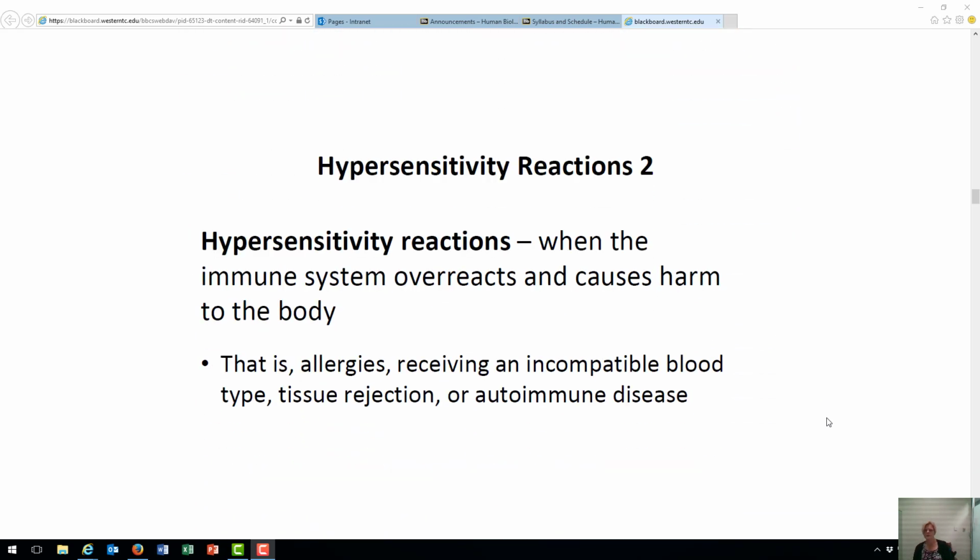Sometimes we see hypersensitivity reactions, which means the immune system is overreacting and causing widespread inflammation and symptoms, and that can result in death.